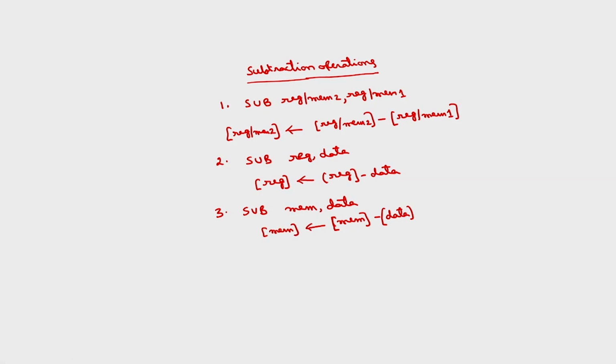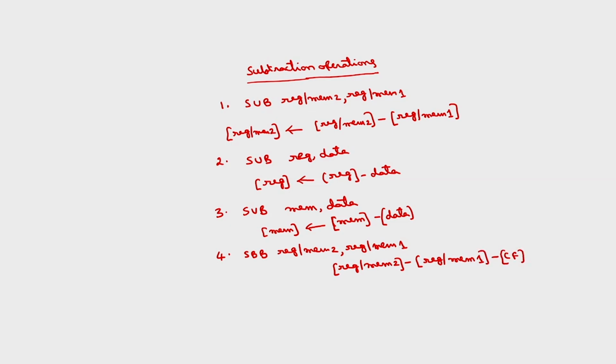In subtraction, we require borrow in some cases. SBB register/memory 2 comma register/memory 1. Here register/memory 2 minus register/memory 1, then the carry flag is also subtracted.